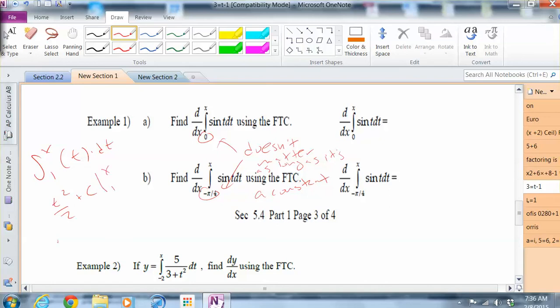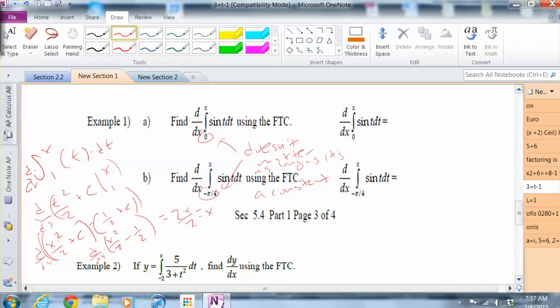If you're going from 1 to x, it's basically going to be x squared over 2 plus c minus 1/2 plus c, which is just x squared over 2 minus a half. Now, if you take the derivative, then I just came back to 2x over 2, which is just x.